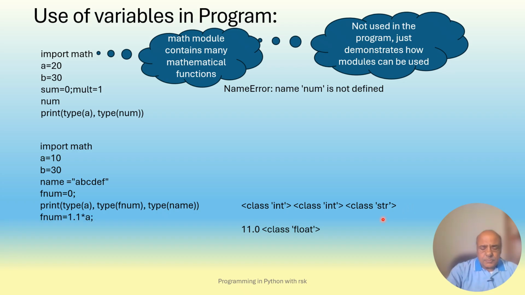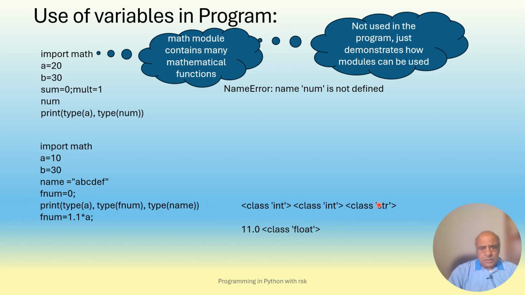So what we get is A is an int variable, fnum is an int variable and name is a string variable. Then fnum is equal to 1.1 into 10, a statement which gives us 11.0 as the output, and now the same variable fnum has been defined as a float variable.